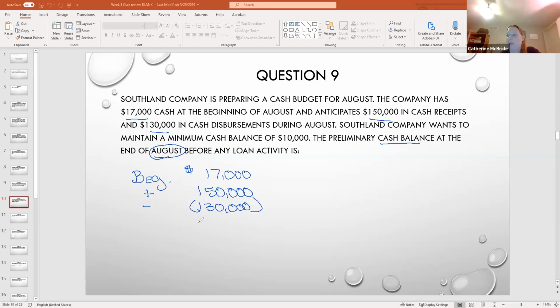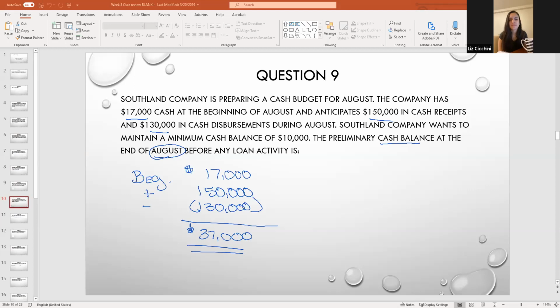That doesn't really matter because we're figuring out what our balance is, and our balance is $37,000. Told you that was easy. The words probably made it look harder than it is.